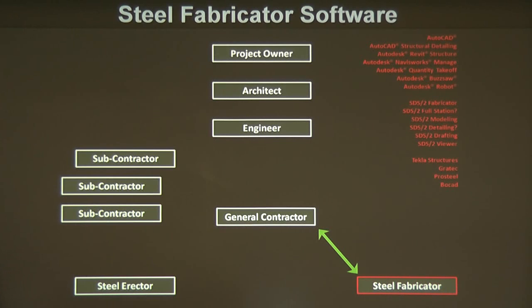So once those fabrication drawings are done, they're sent back to the architect engineer for approval. The architect engineer puts their stamp of approval that fabrication can begin on the structural steel, and then it goes to the steel fabricator, which is the next profession. The steel fabricator will take the drawings from the detailer, put them in the shop, and start building the pieces for those drawings.